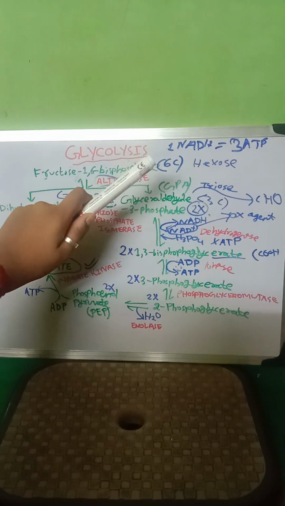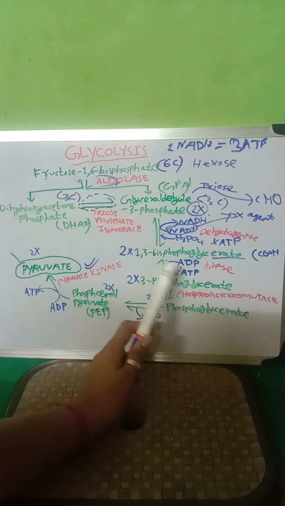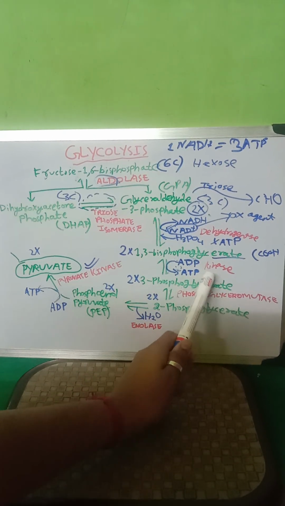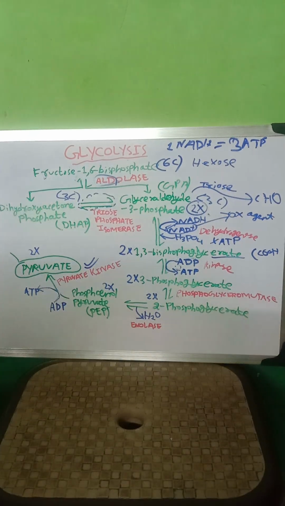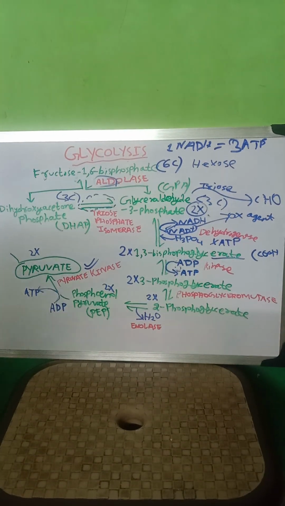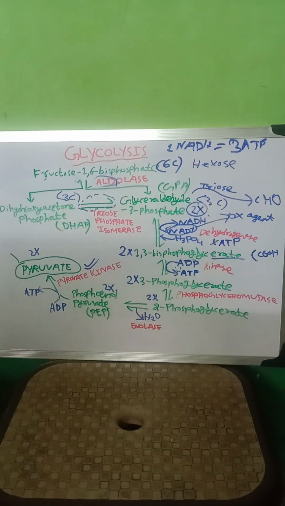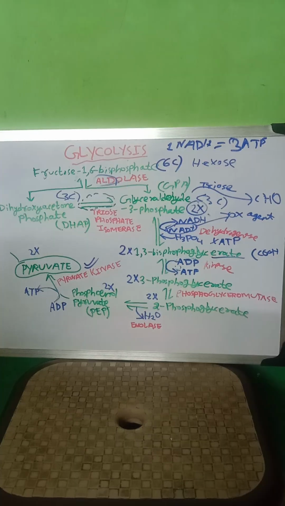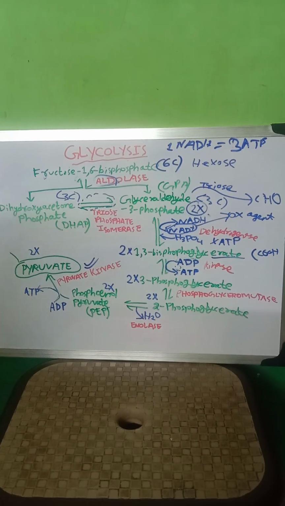From here we are now getting this molecule. Now we have invested so much ATP in the previous phase. We need to get back more, right? You have studied in your junior classes that glycolysis generates 2 ATP as energy.